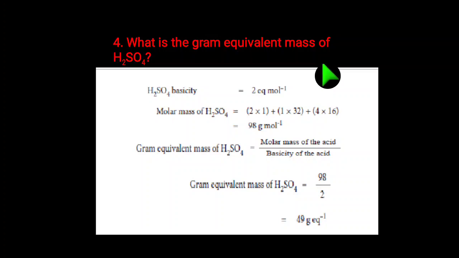So how to find the gram equivalent mass? First, you should find the basicity. Sulfuric acid is an acid, so we have to find the basicity.